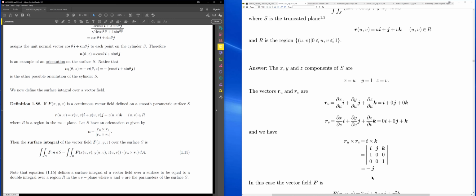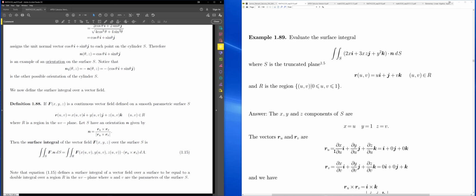The magnitude here is in fact 1, because minus j is a unit vector. So you have minus j on top divided by 1, which gives you minus j. So the orientation n in this case is in fact minus j, and you can see that in this picture here.